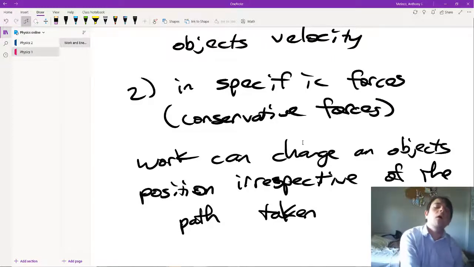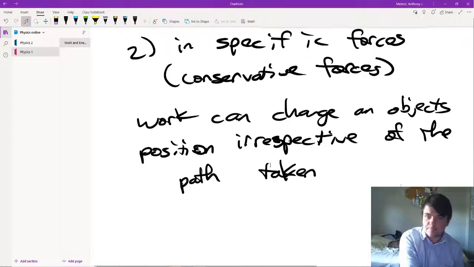So it won't depend on the path taken for these forces. Okay.